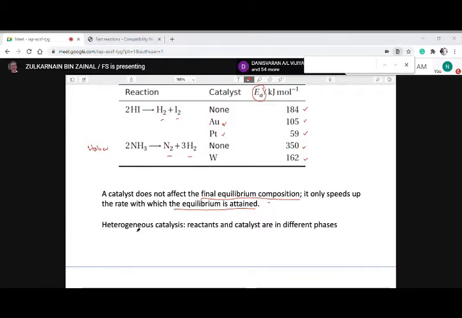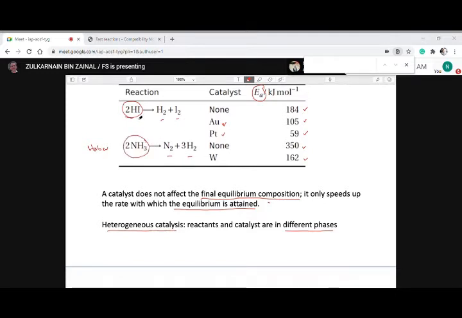So as we can see, we are discussing mostly heterogeneous catalysts, and previously we were discussing homogeneous catalysts. We were discussing acid catalysts and also enzyme catalysts. The concept is the same, but on a heterogeneous catalyst, the reaction occurs on the surface of the catalyst, where the catalyst and the reactant are in different phases, right? In this case, for example, you can see here the HI and also ammonia, right?